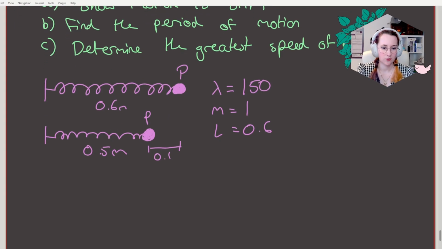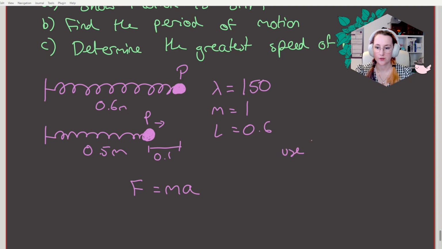So all of these questions are going to start with F equals ma. Okay, so what is the force here? The force is acting in this direction, and it's the spring trying to extend. So it's the force within the spring trying to go back to its natural rest state.